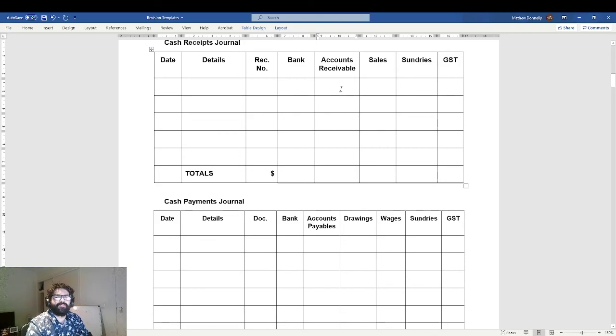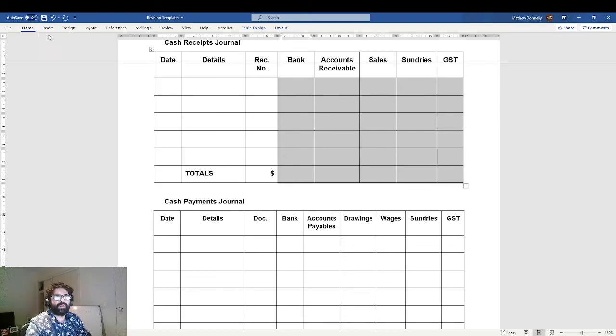Any money we get from the accounts receivable, that will go there, and in the details we would put the accounts receivable we received this from. So for example, Jim's Mowing, if they paid us money that they owed us, that would be in the accounts receivable. We've got sales, very much any cash sales you make, this will belong there.